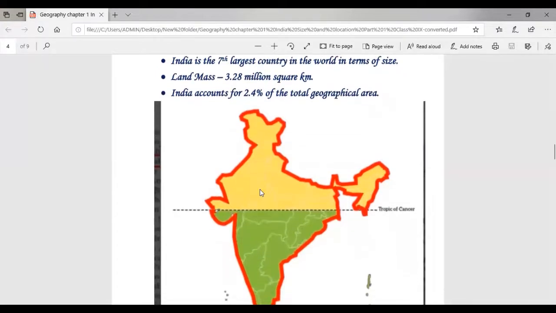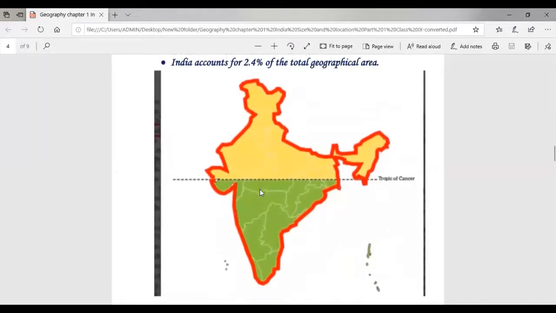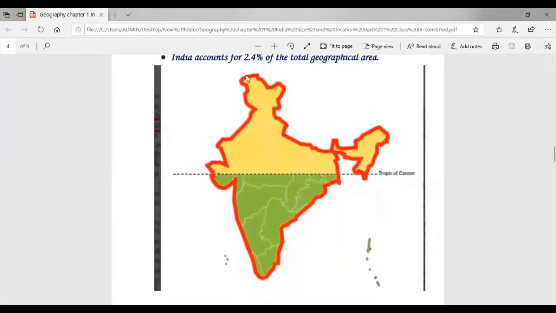Now let's understand the land boundary of India. Land boundary means this complete part, known as our borders. This is the land boundary, which is highlighted in red ink. India's land boundary is 15,200 kilometers.